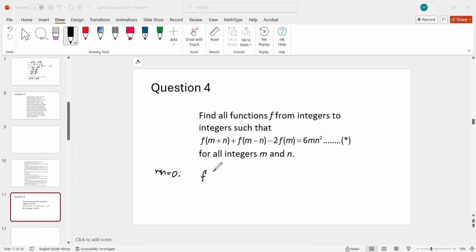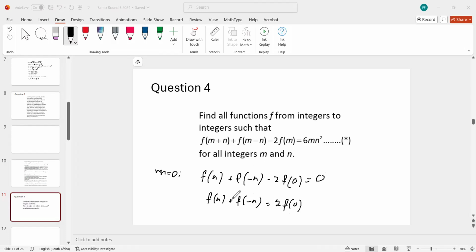Then you get f of n plus f of minus n equals 0, because the 2f of m term is 0 as m is 0. So you'll end up with f of n plus f of minus n equals twice f of 0.